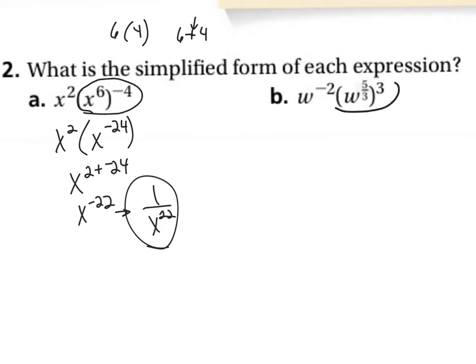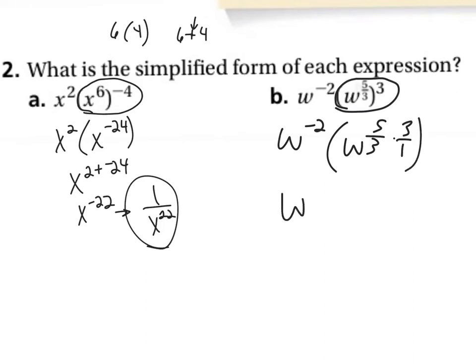Part B, similar idea. So we're going to multiply these. So that's like 3 is the same as 3 over 1.